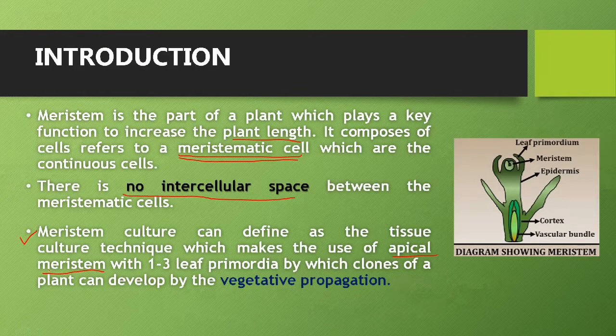In the techniques of plant tissue culture, we use apical meristems. The apical portion of the plant is taken, and with the help of the apical meristem, we can get newly developed plantlets by vegetative propagation.